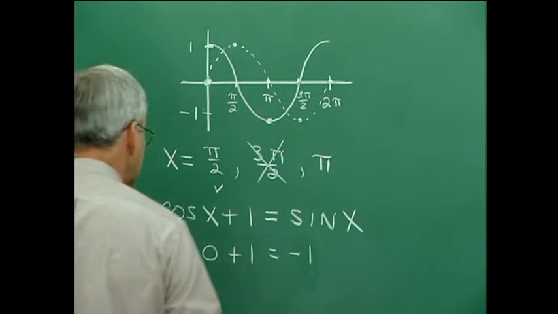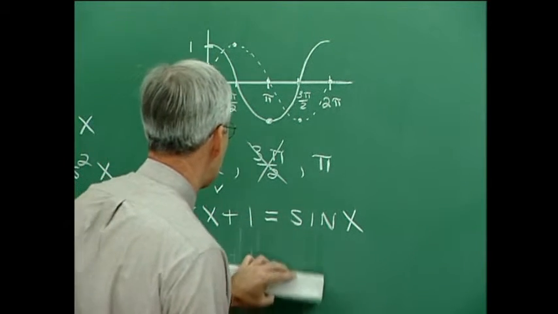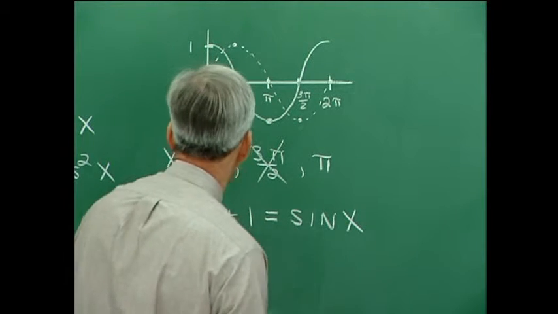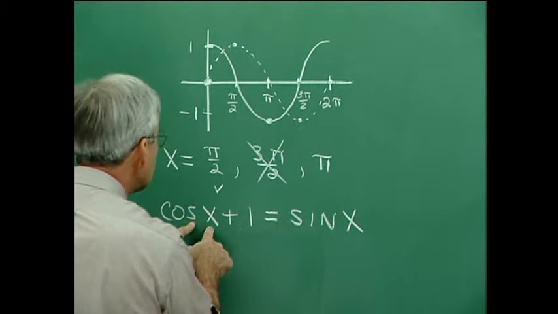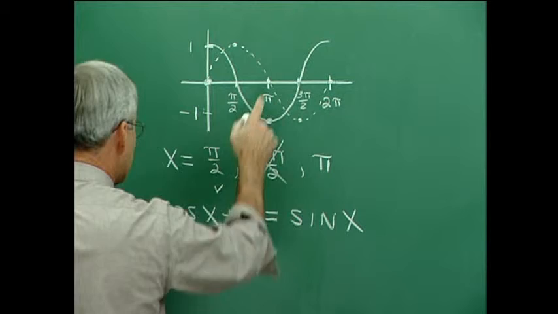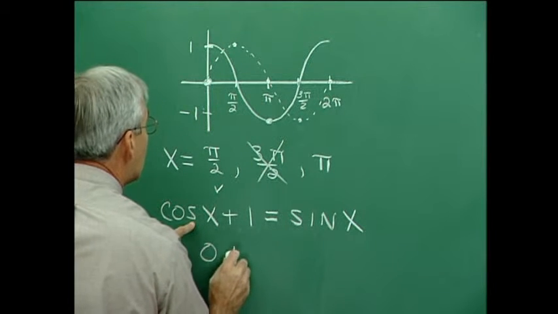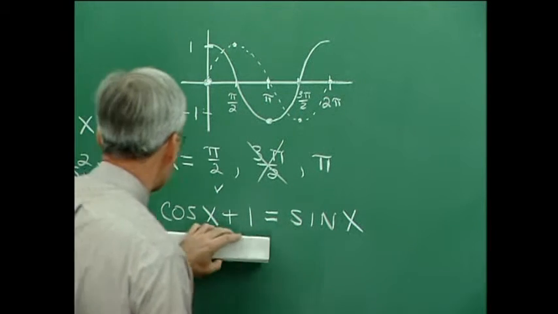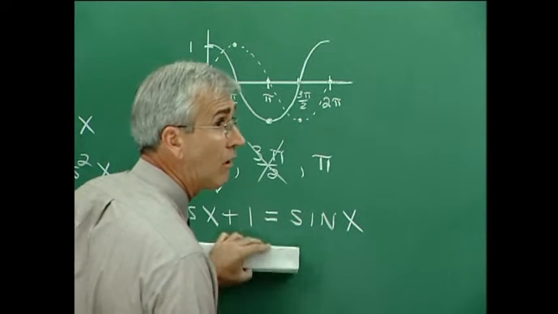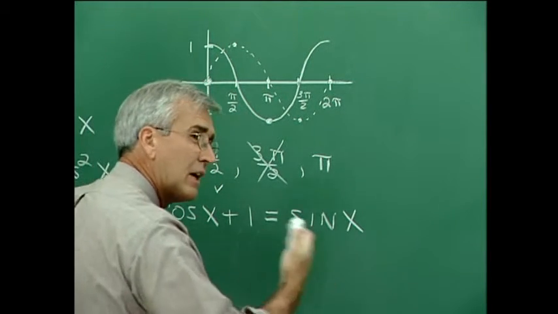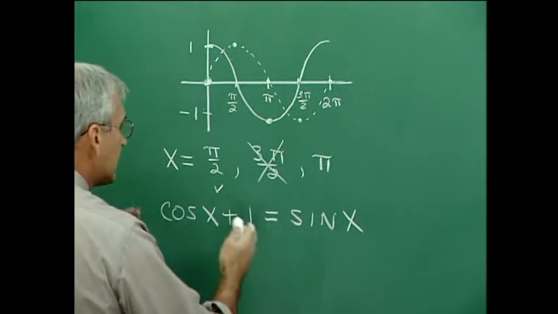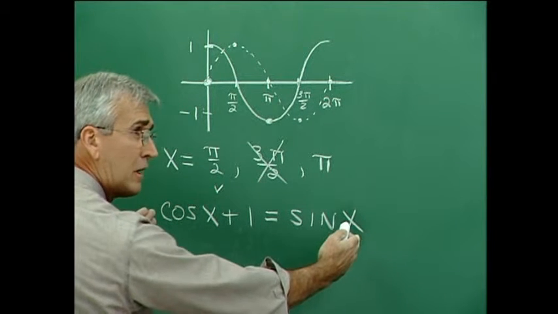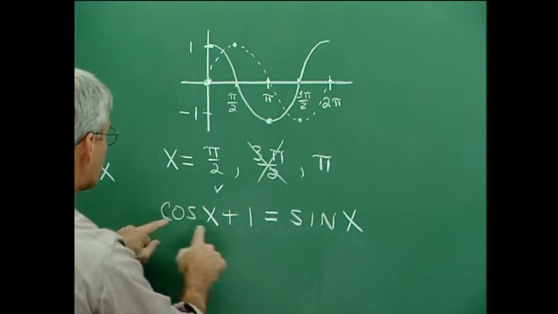Now what about pi? Well, let's look at it. Cosine of pi is, it's 0. Oh, excuse me, it is not 0 for cosine. I'm reading the wrong graph. So the idea is to be very careful in the evaluation process here. It's easy to make a mistake.